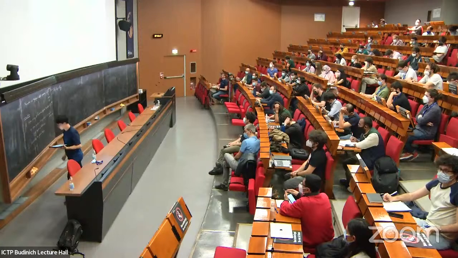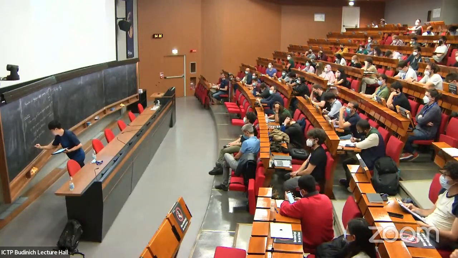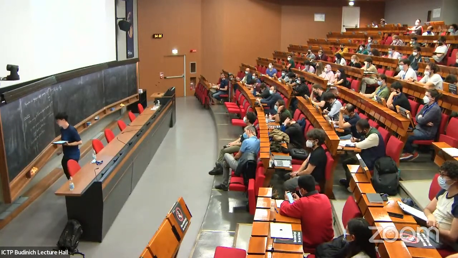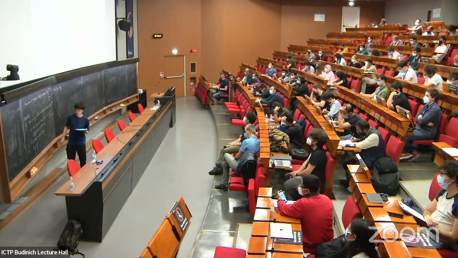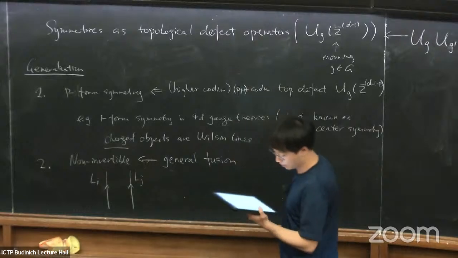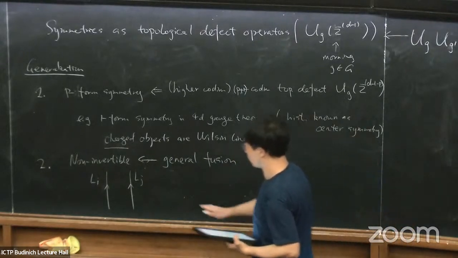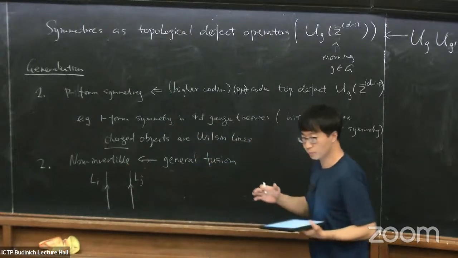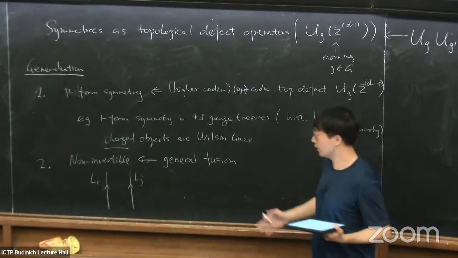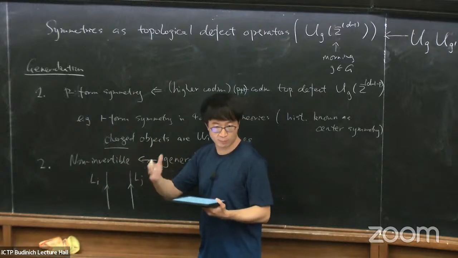So I'll denote two such topological defects by Li and Lj, because I'm staying in 2 dimensions, and the corresponding topological defects are 1-dimensional, represented by these lines. Because these two topological lines are topological, looked at from far away, they look like a single topological object.